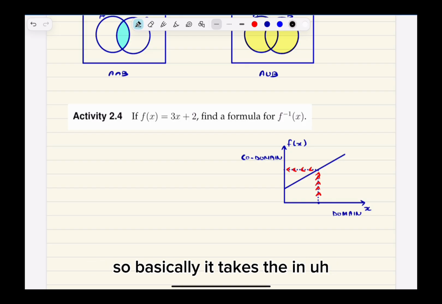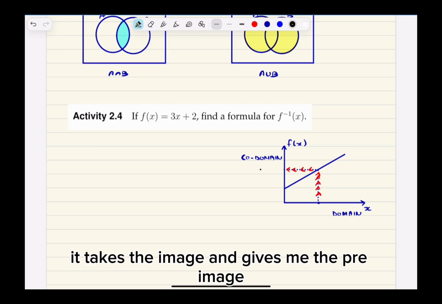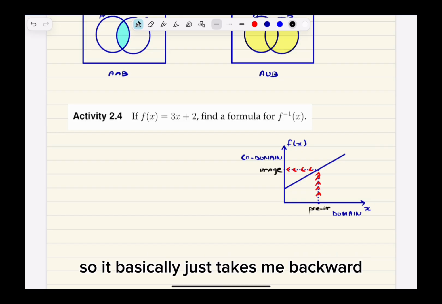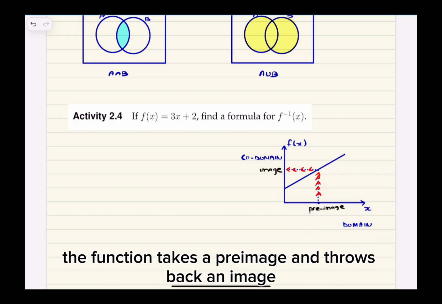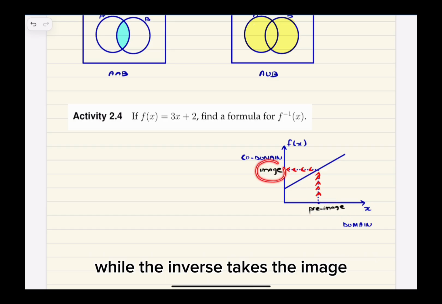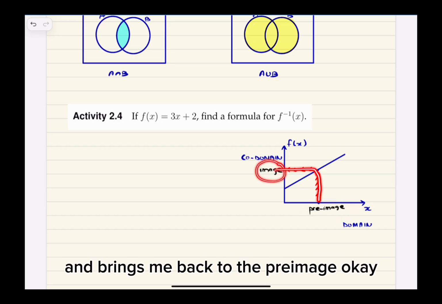It takes the image and gives me the pre-image. So it basically just takes me backward. I'll repeat: the function takes a pre-image and throws back an image, while the inverse takes the image and brings me back to the pre-image.